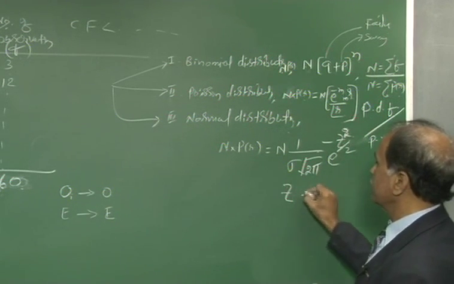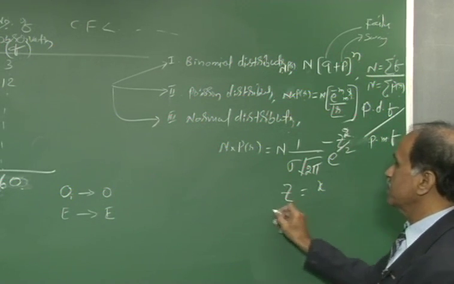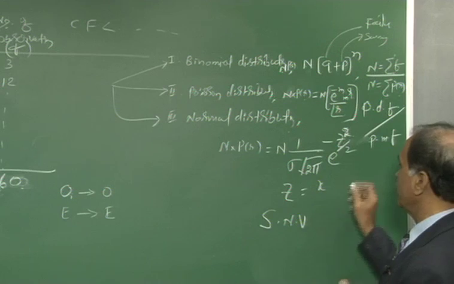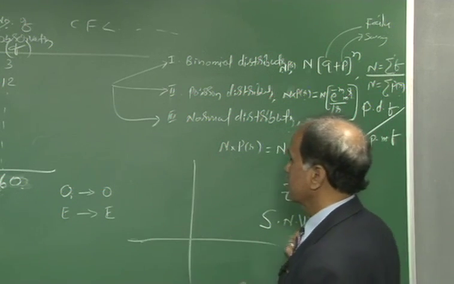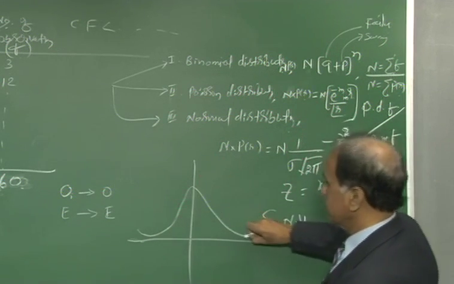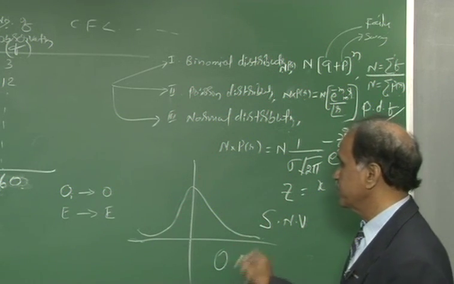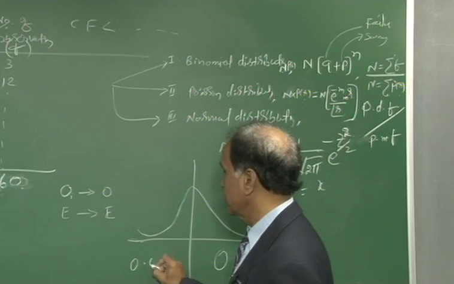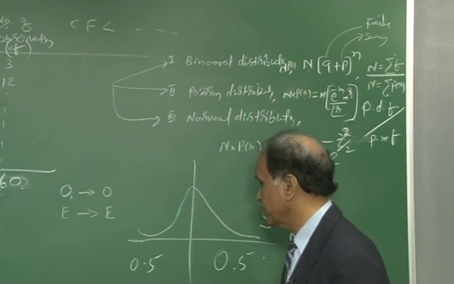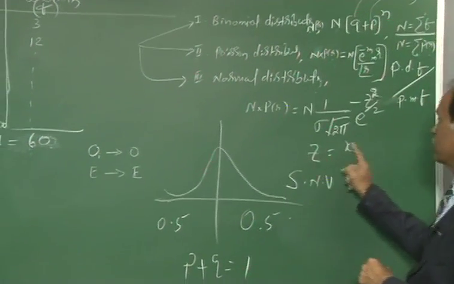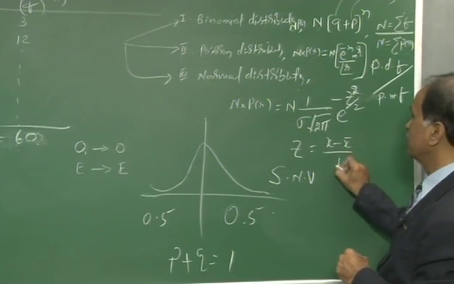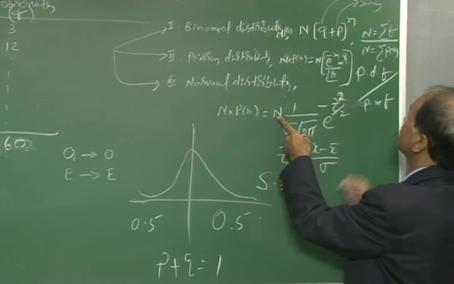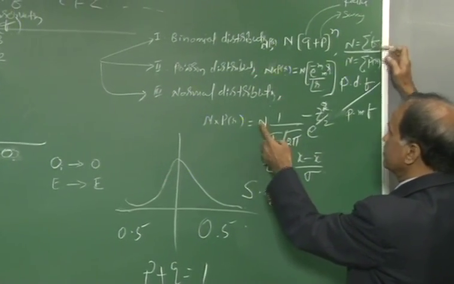This z you know already, it should be SNV, that means standard normal variate, in the symmetric distribution. That means 0.5 probability value to the left side and 0.5 to the right side, to make P plus Q equal to 1. Therefore, z is equal to x minus x bar divided by sigma. Then this N, already I told you, is the sum of the frequencies.